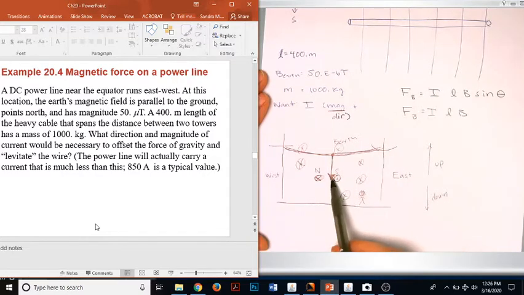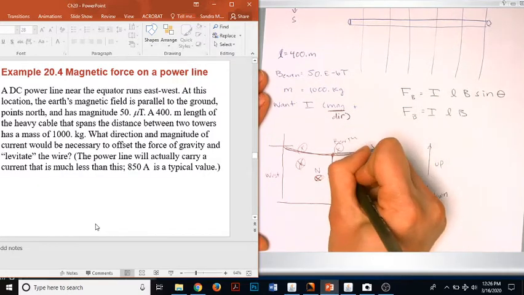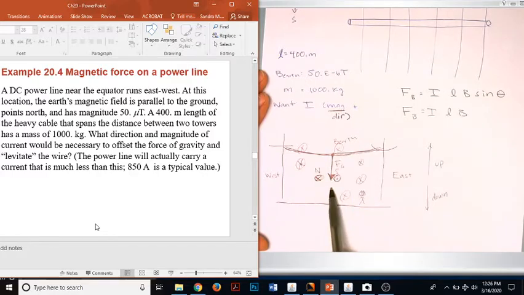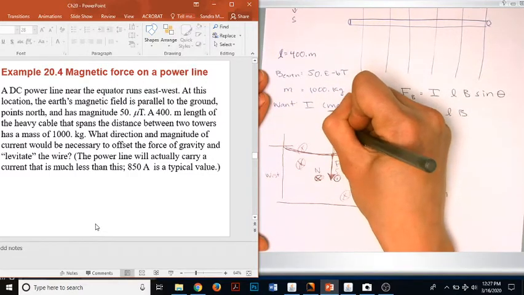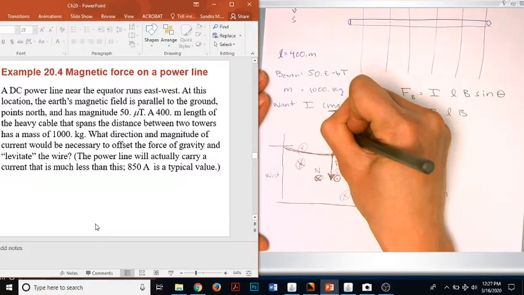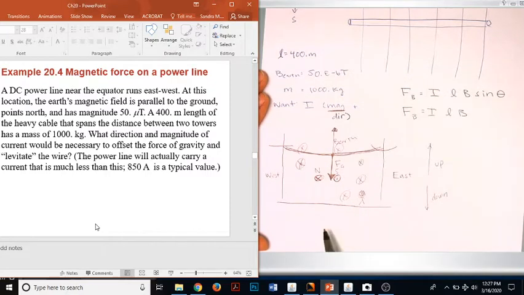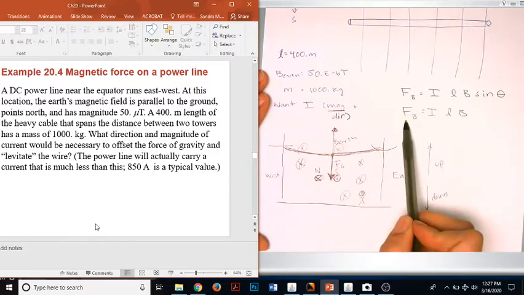And I drew an arrow pointing down, which is, of course, for the force of gravity. Okay, so the force of gravity points down. If this wire is going to levitate, then we must have an equal and opposite force that points up. And this force must be this magnetic force.